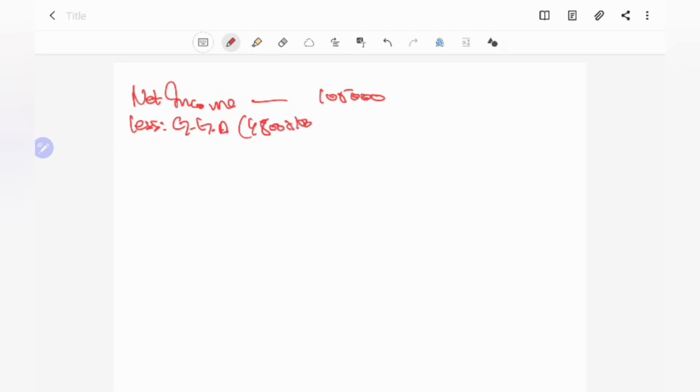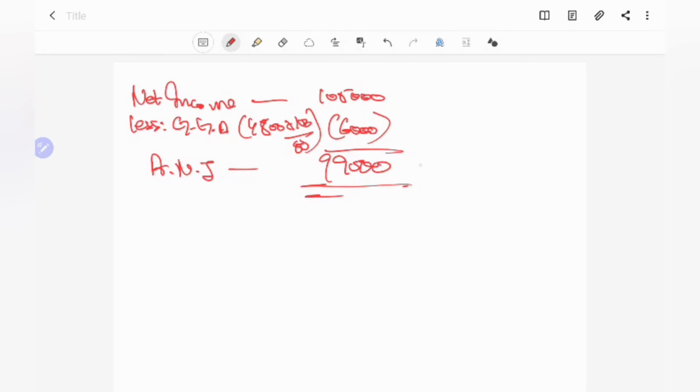Multiplied by 100 divided by 80, so it will be deducted by 6,000, and my adjusted net income is 99,000. In this case, obviously, it's below 100,000. Therefore, personal allowance is not reduced, right?